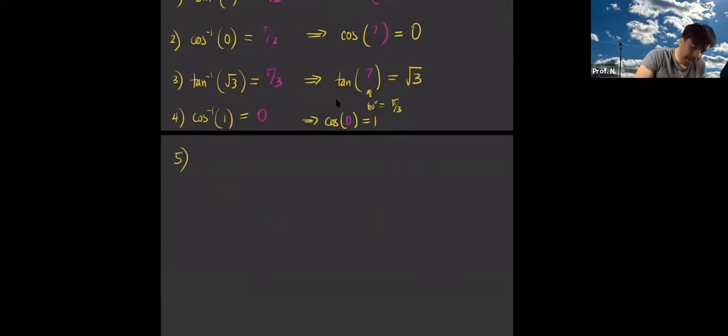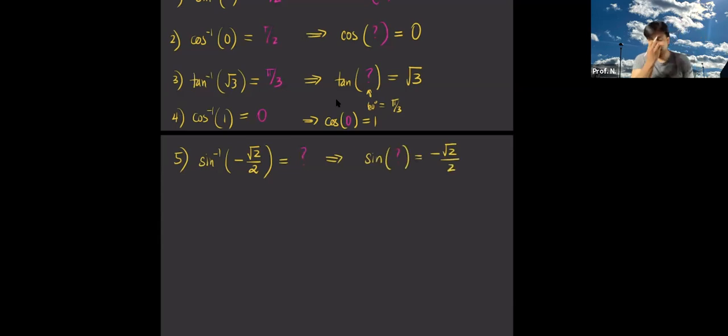Okay. And now let's spice things up a bit. What happens if I got sine inverse of negative rad 2 over 2? So what does that equal? Be careful. Think about sine of what angle produces negative rad 2 over 2. Think about what is rad 2 over 2? Sine of what angle gives me rad 2 over 2? Think about that first.